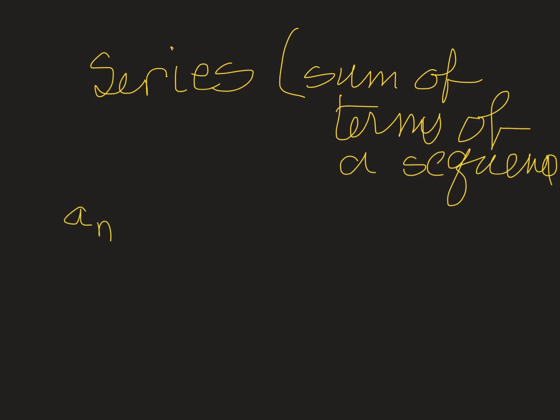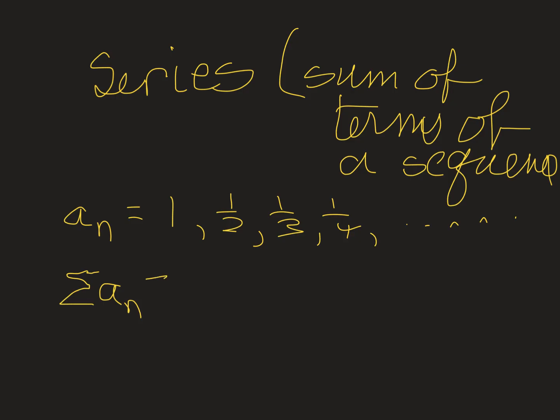If we have a sequence, a sub n, equals 1, 1/2, 1/3, 1/4, etc., and that sequence continues forever, then the series, the sum of the a sub n's, using the Greek letter sigma, is going to equal 1 plus 1/2 plus 1/3 plus 1/4, etc.